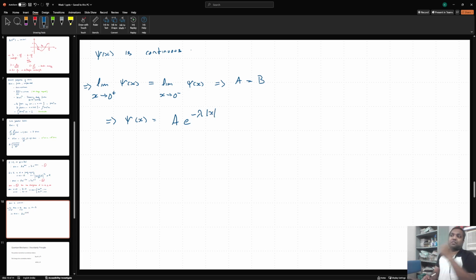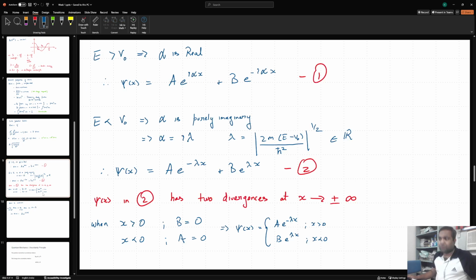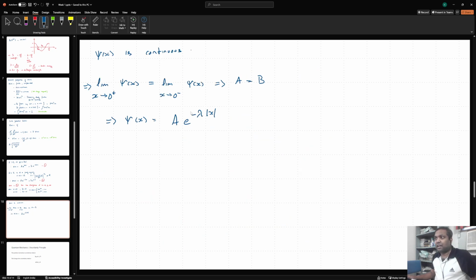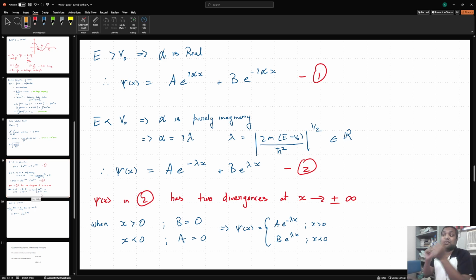So when x is less than 0, mod x will make x minus x. When x is greater than 0, mod x is x.